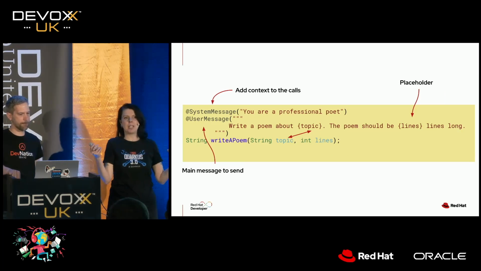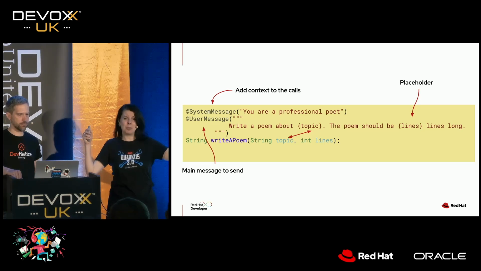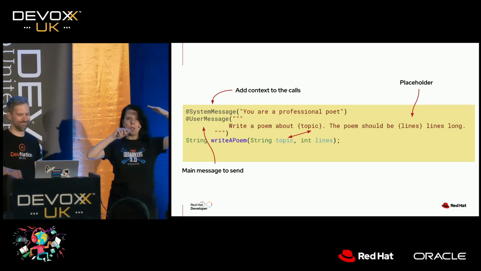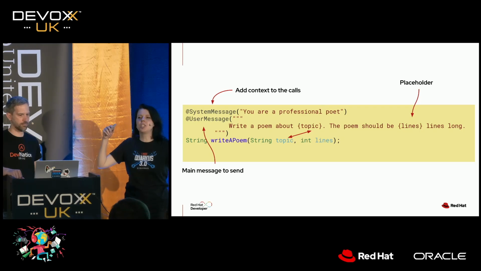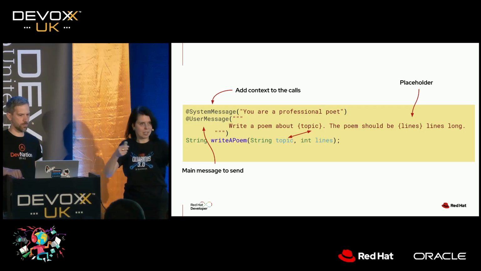So one of the things that we can do is give the chatbot some context about what it's supposed to be doing, which is possibly not telling us the weather. Most of the LLMs have this model of a system message and a user message. The user message is what you let the user control, so what's the weather like, that kind of thing.